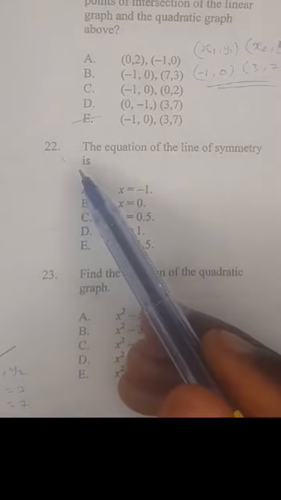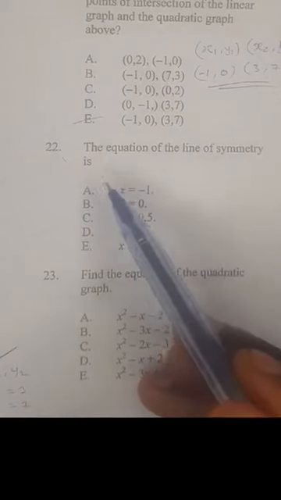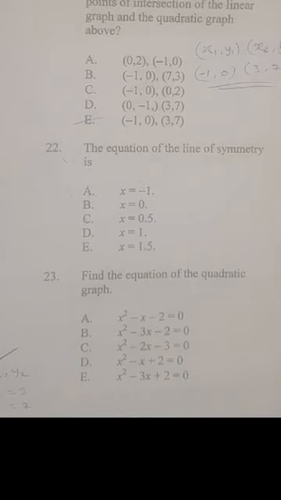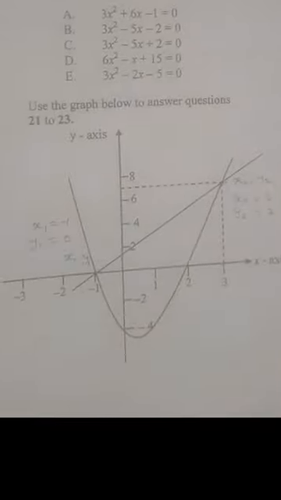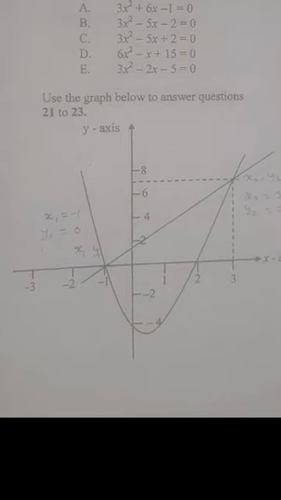Question 22 says the equation of the line of symmetry is, so we have to go back to the graph and find the equation of the line of symmetry. So here is the graph. Where is the line of symmetry? The line of symmetry is that very point where the graph makes the sharp curve here.